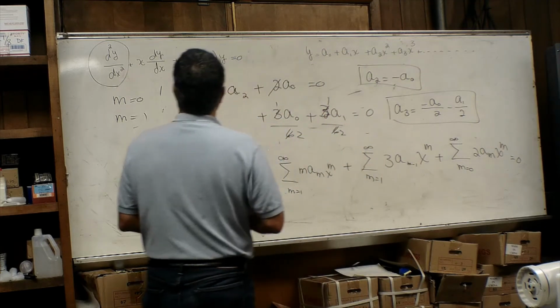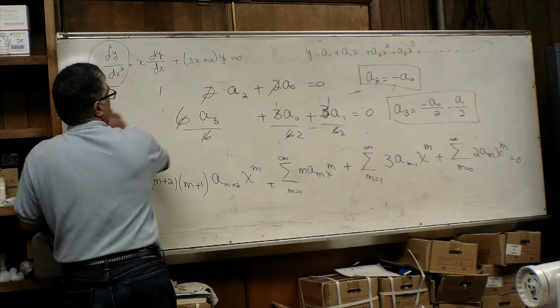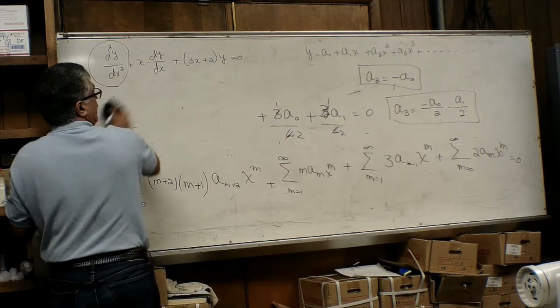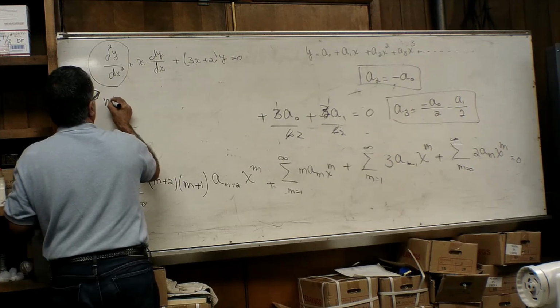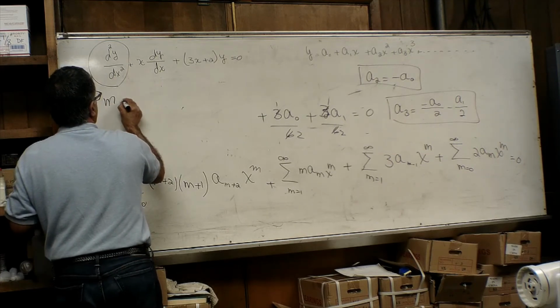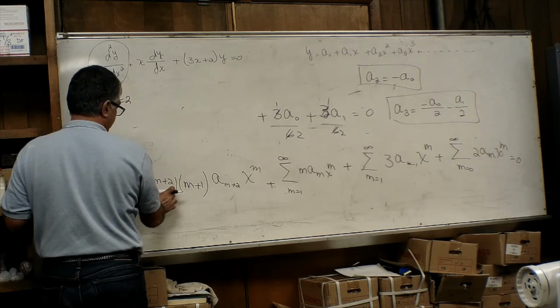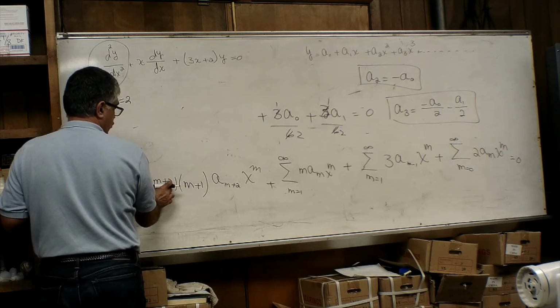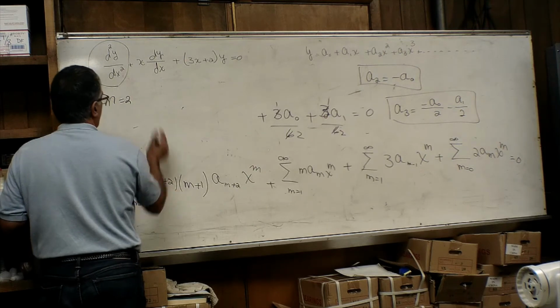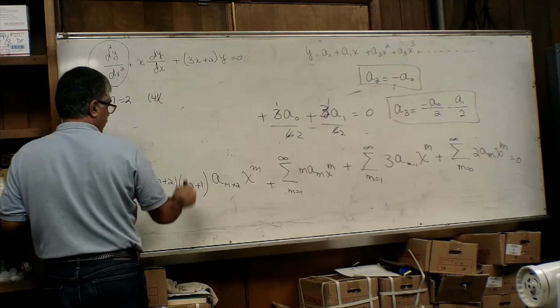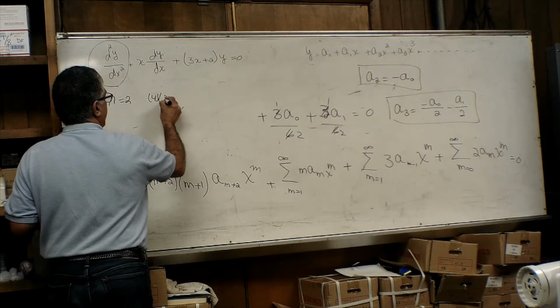Now let's go ahead and assume that m is equal to 2. For that, if m is 2, 2 plus 2 will be 4, multiplied by 2 plus 1 is 3.